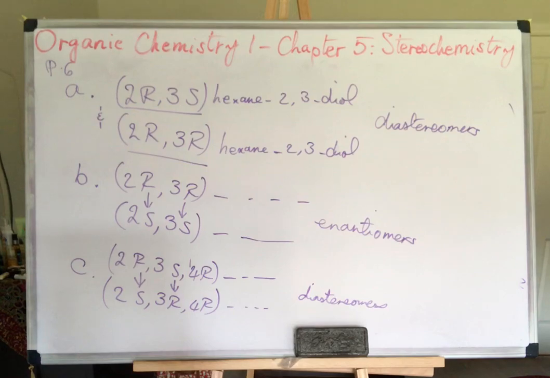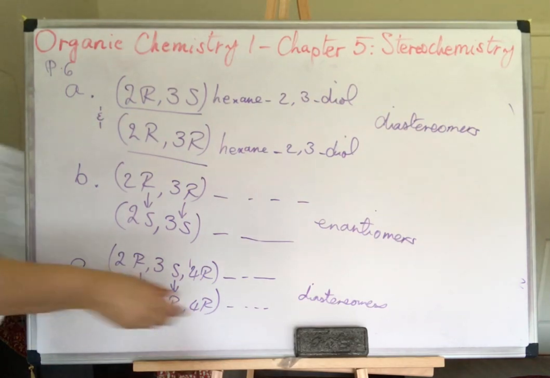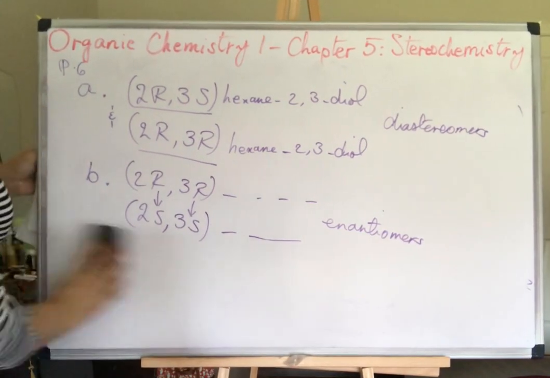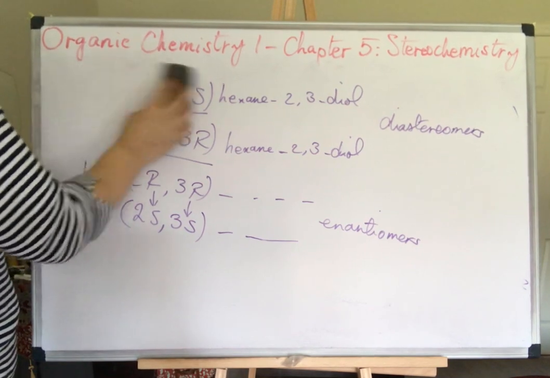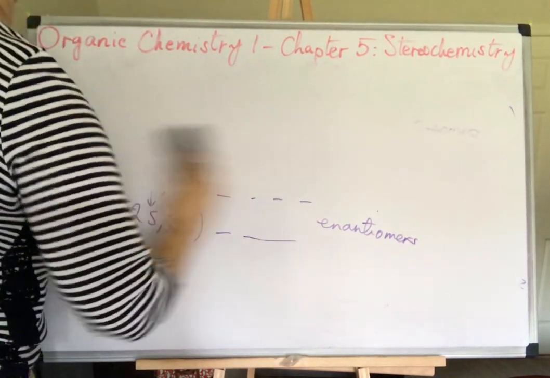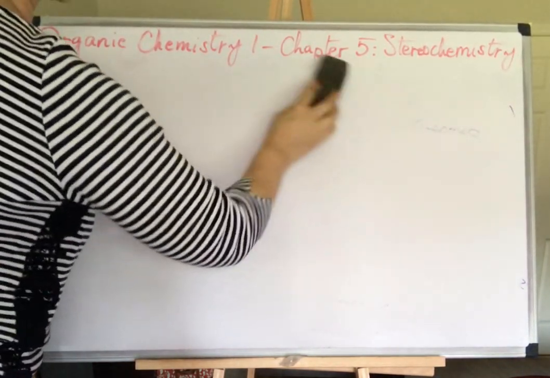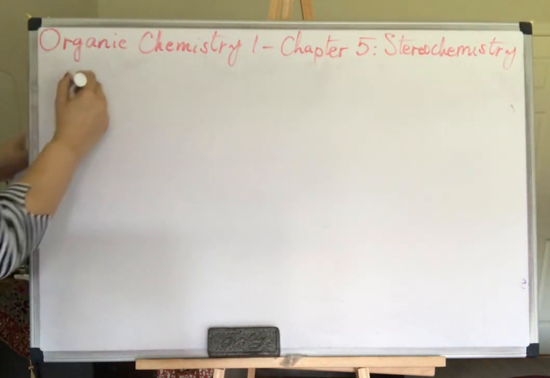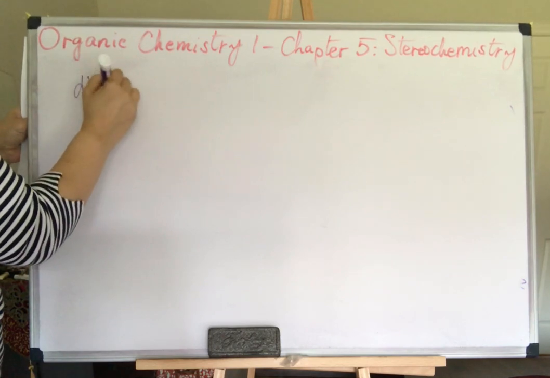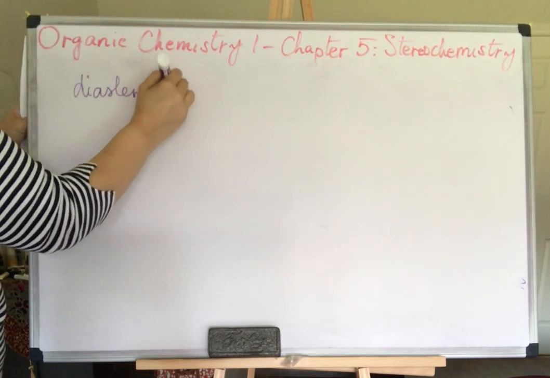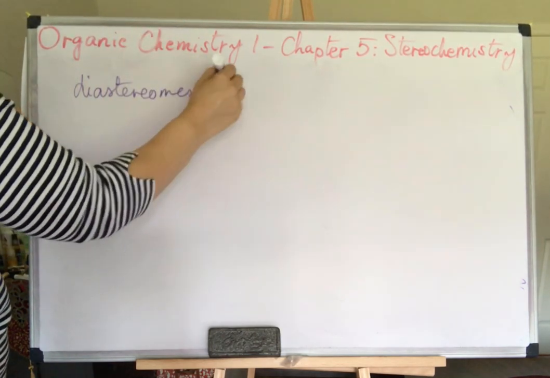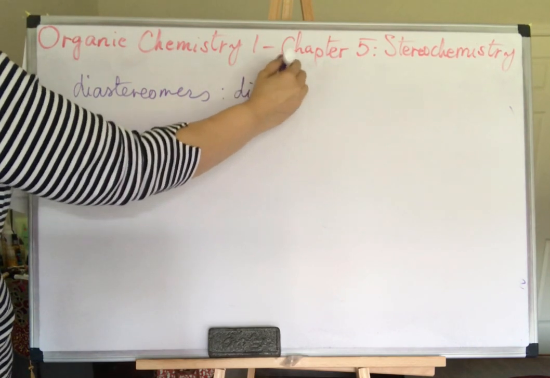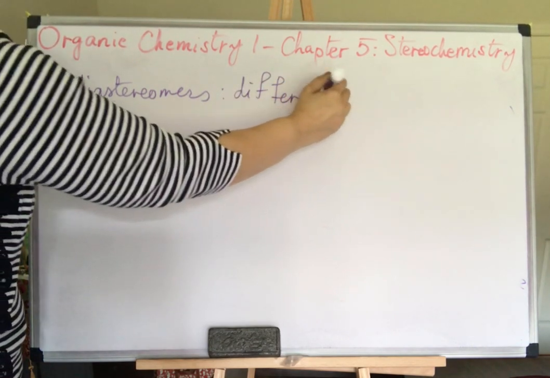The last thing before I finish this video is that about enantiomers, we said they have same physical properties like melting point and boiling point and density. About diastereomers, they have different physical properties.